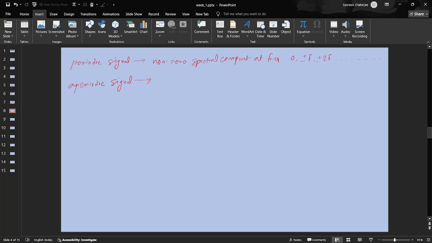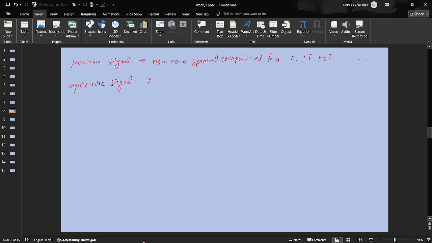The values of an aperiodic signal don't repeat after a certain time period. They can vary randomly.